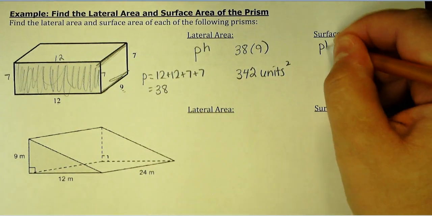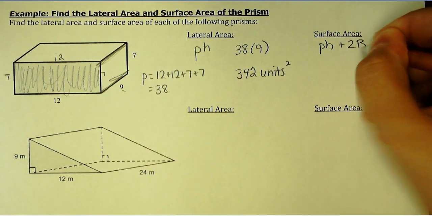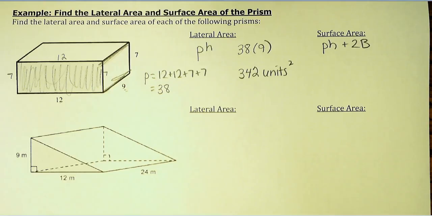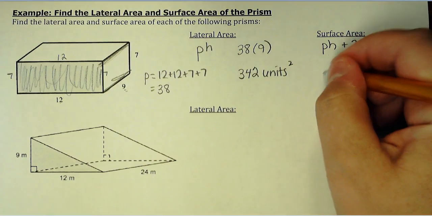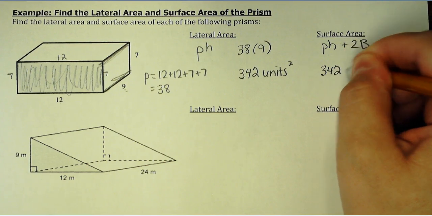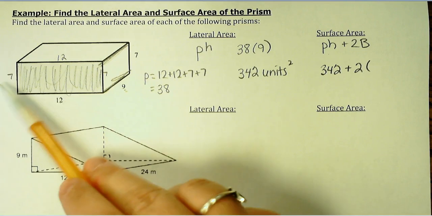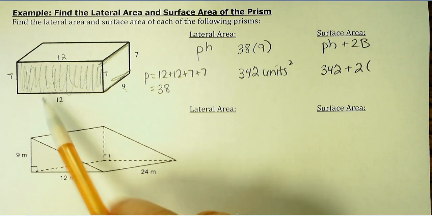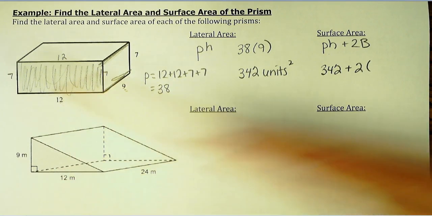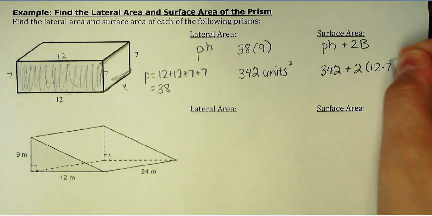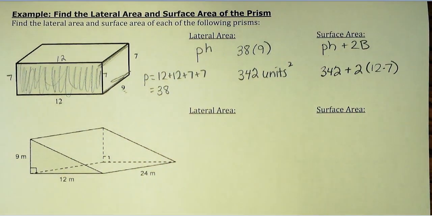Okay, now your surface area. This is your lateral area, which we just calculated, plus we got to include the area of the two bases. So I already know this part is 342. And then the area of the base here is just going to be length times width, base times height, however you want to figure it out. But it should end up being 12 times 7. I have 2 of the bases, so I have that in front.